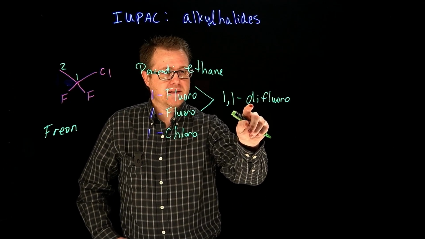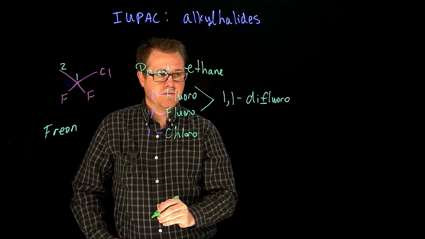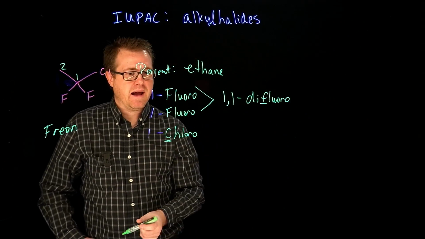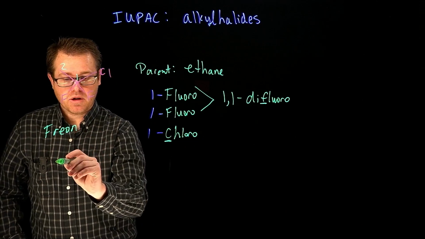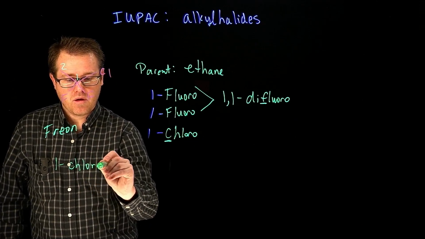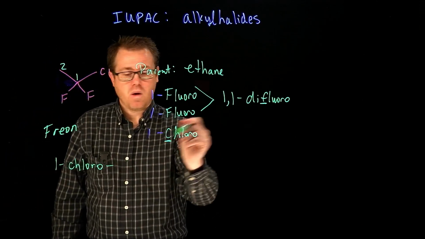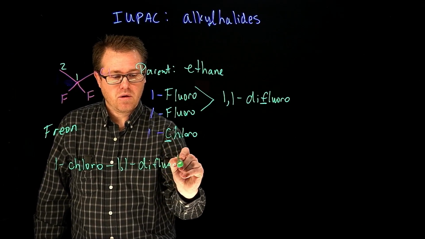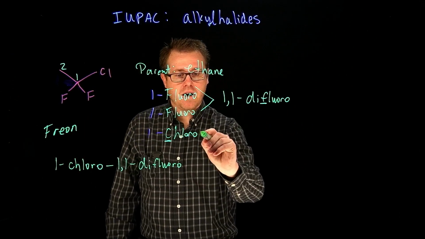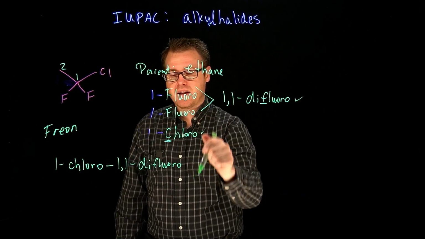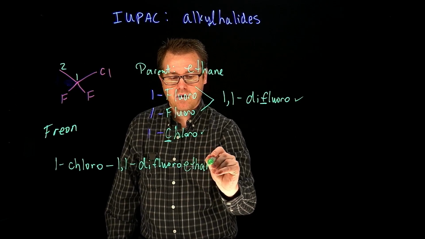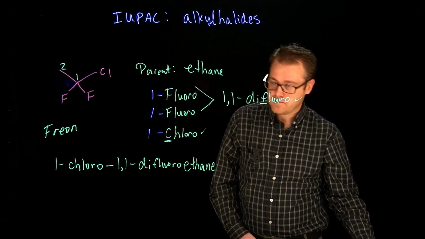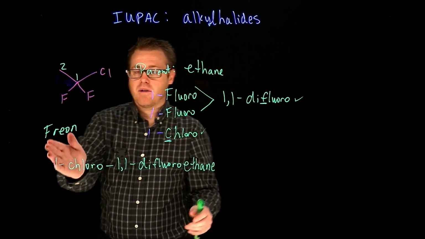And the prefix, we ignore, so we're comparing the F to the C. And C comes before F. So we would name this molecule 1-chloro, dash 1,1 dash difluoro. So we've got our substituents. Now we just have to tack on the parent name. 1-chloro-1,1-difluoroethane. And that's the IUPAC name for Freon.